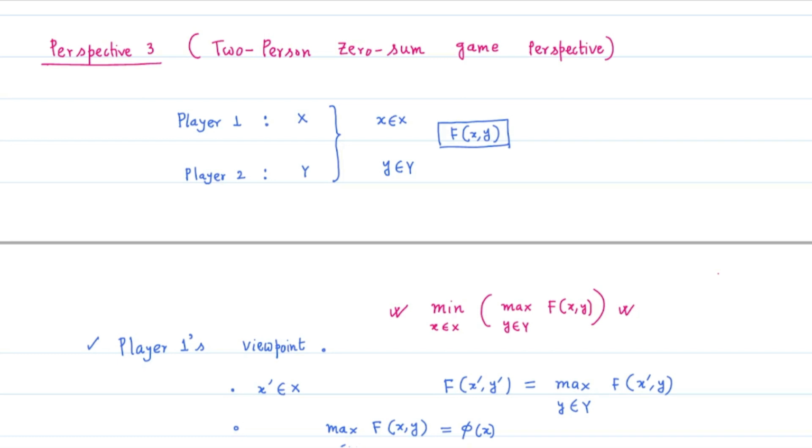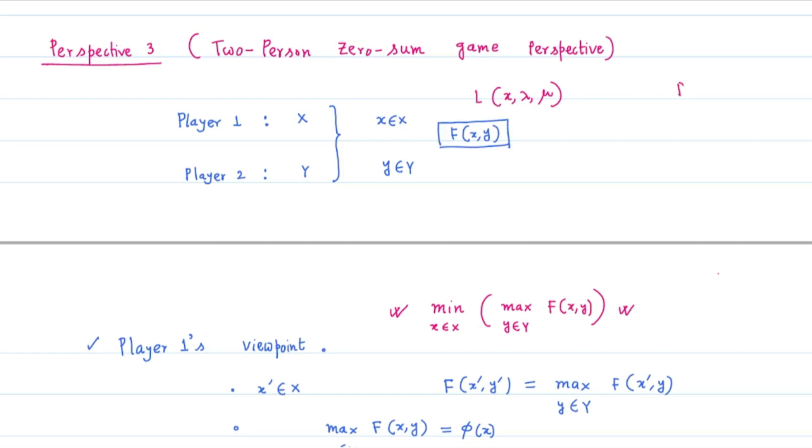For a constrained optimization problem, this payoff function is given by the Lagrangian function L(x, lambda). As we have seen in perspective 1, the primal problem can be recast as the min-max problem of this Lagrangian function. So the hidden maximization problem is then the max min of this Lagrangian function.